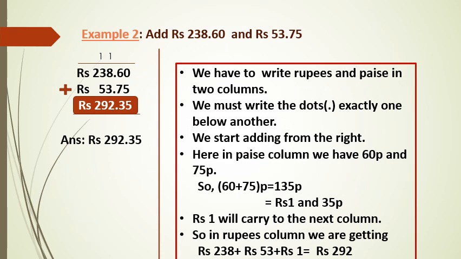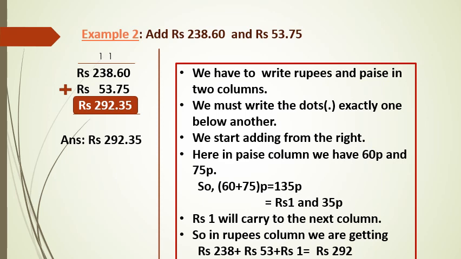So next, do some more examples. The question is add rupees 238.60 and rupees 53.75. How can we do that? We have to write rupees and paise in two columns.